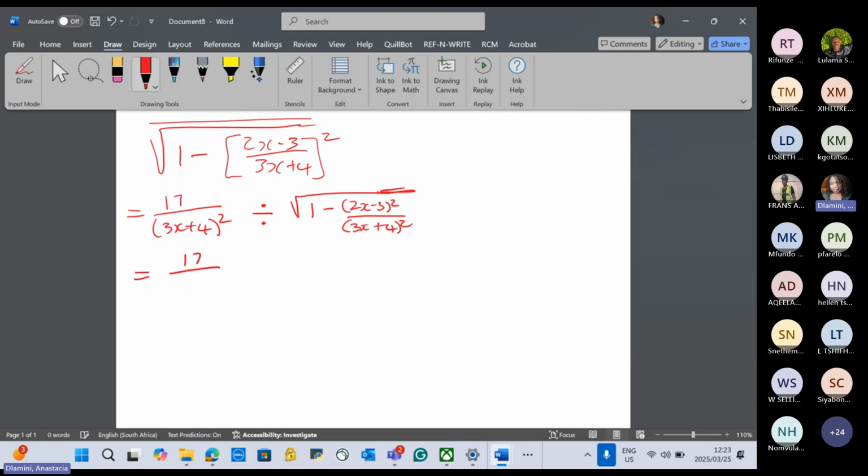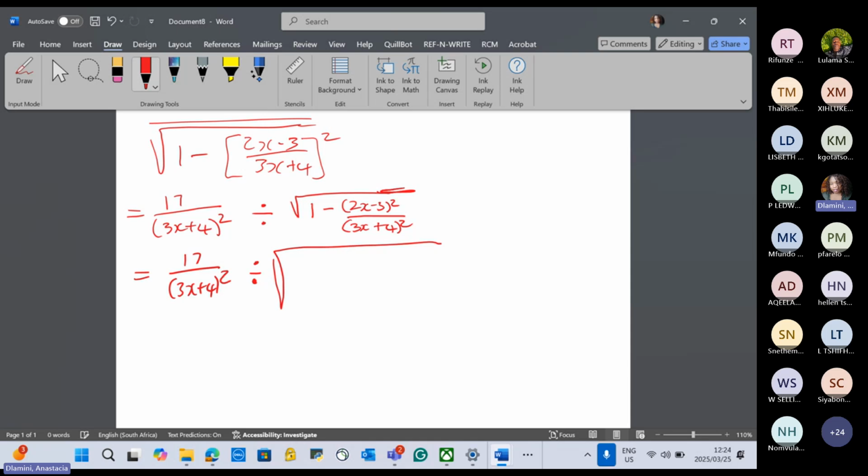So it's 17 over 3x plus 4 squared divided by, what is under the square root? 1 minus, then we get what? How do I simplify it first? Wouldn't you do the butterfly method for it with your 3x plus 4 squared?